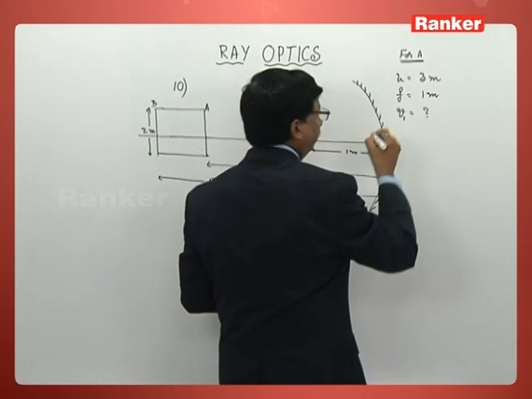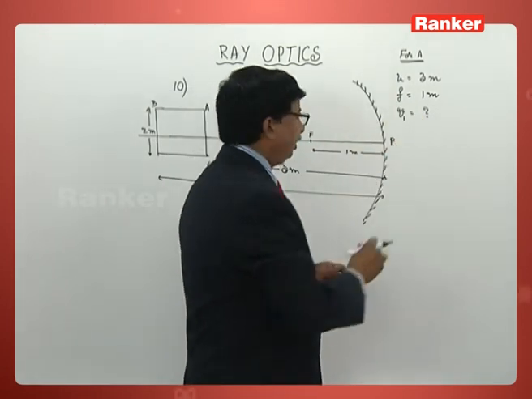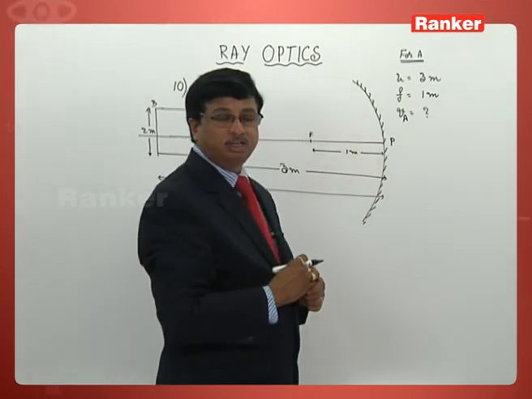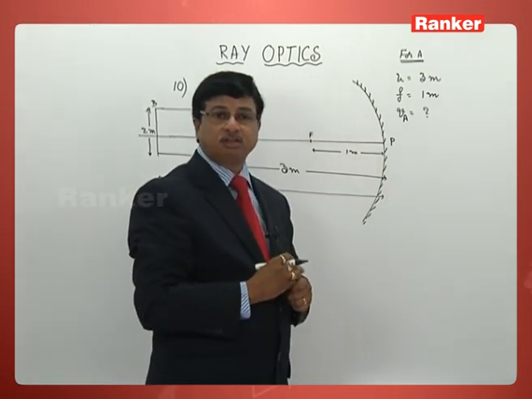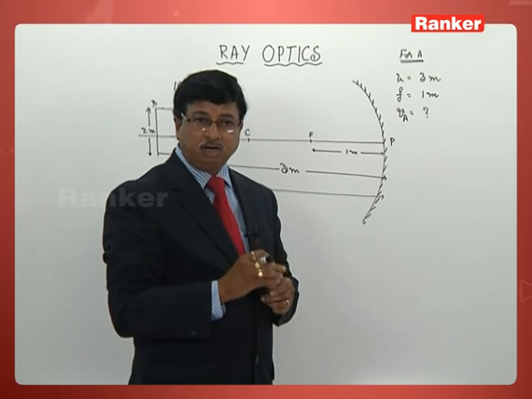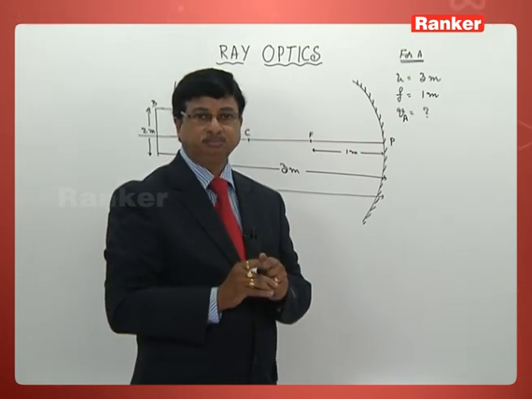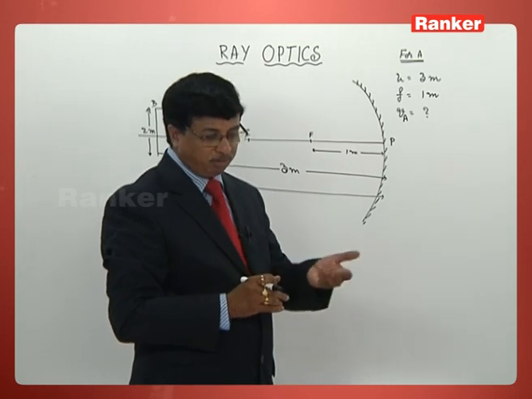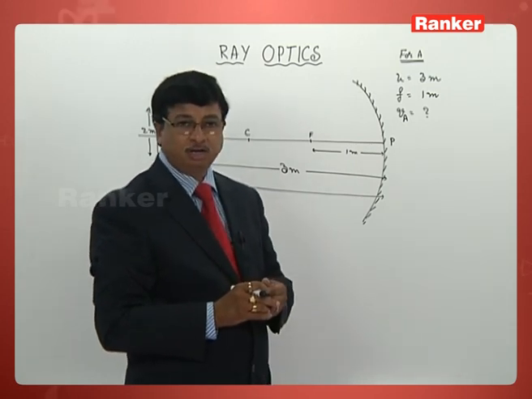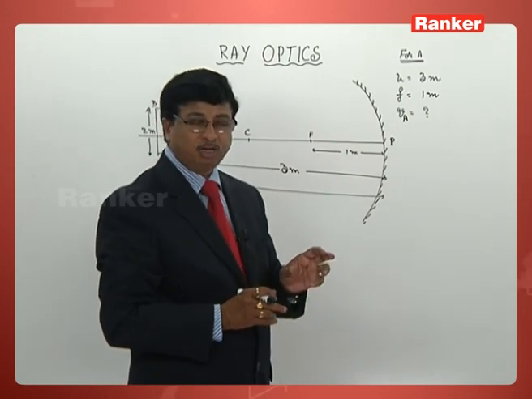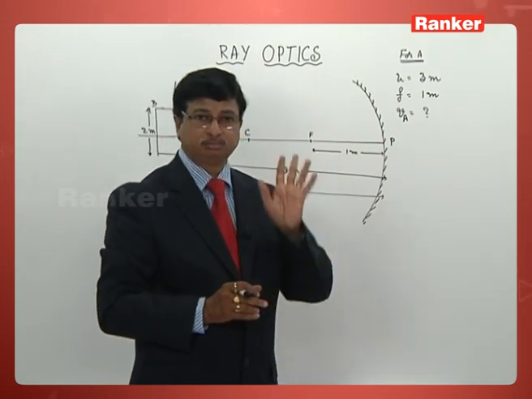That I write V1, or I can write even VA. That is the image distance from the mirror of the image of A that is formed. So what is the way we used to go for? The equation of course is known to you. 1 by U plus 1 by V is 1 by F.